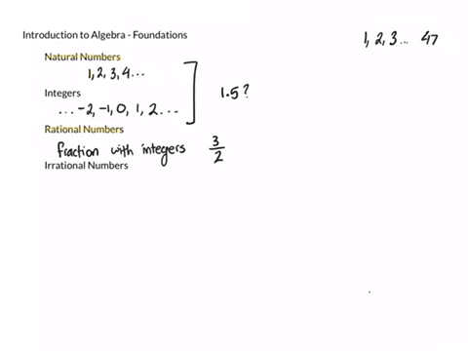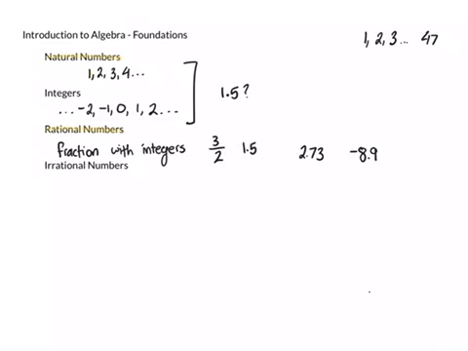Again, we could still write that as 3/2. It doesn't have to be written as a fraction, but it can be written as a fraction with only integers. So 1.5, things like 2.73, -8.9, these are all considered rational numbers.